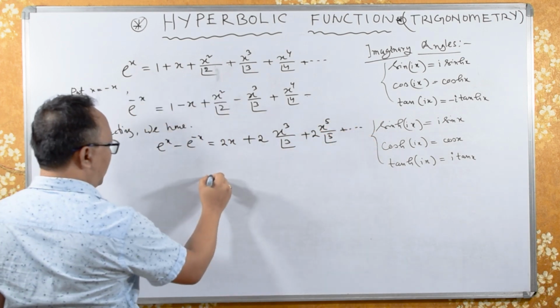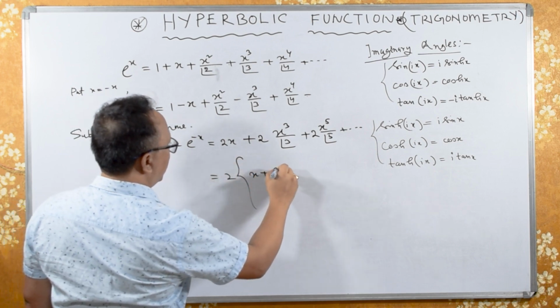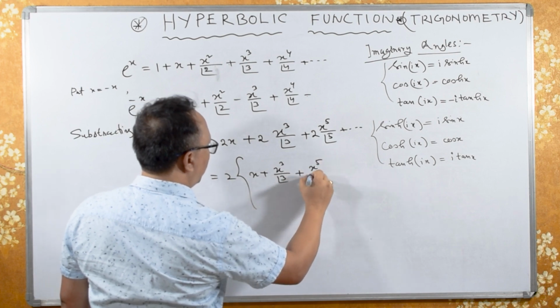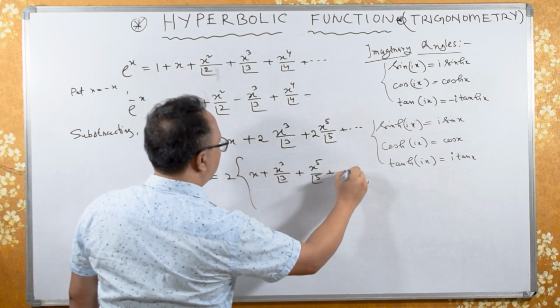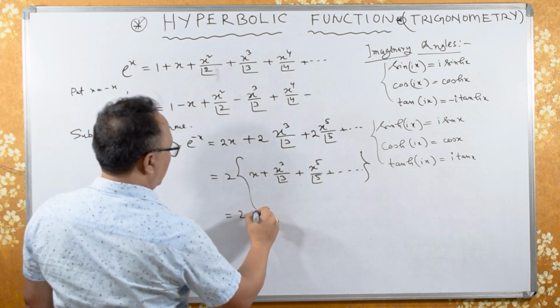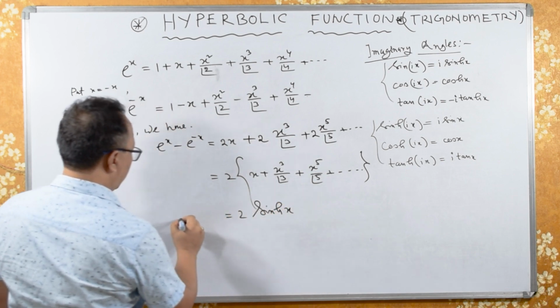Similarly from here we can take 2 common: x plus x cube by 3 factorial plus x to the 5 by 5 factorial plus and so on. Here this is 2 sine hyperbolic x.